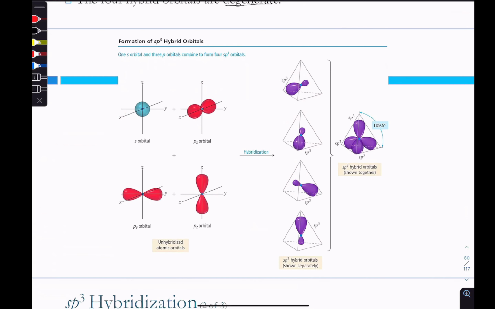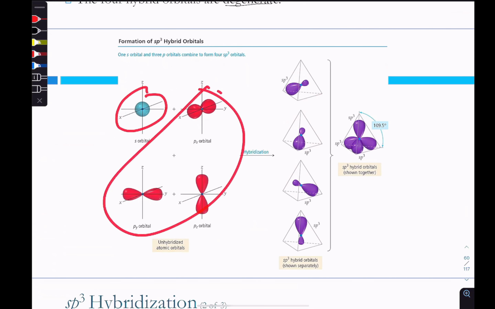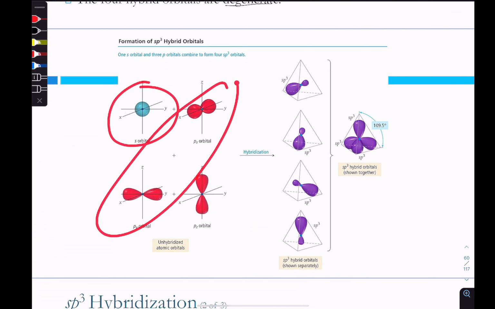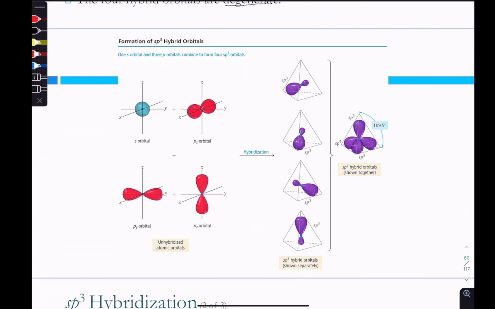And remember, you don't need to know that combining one s with three p's makes a tetrahedral, or that if we combine one s orbital with two p orbitals, that would be trigonal planar. We're going the other direction. We know that the tetrahedral has 4 bonded groups, so we know that we're going to have to hybridize 4 orbitals in order to make that shape.